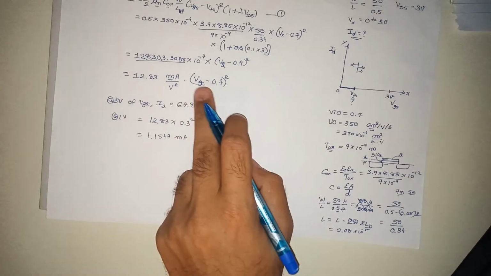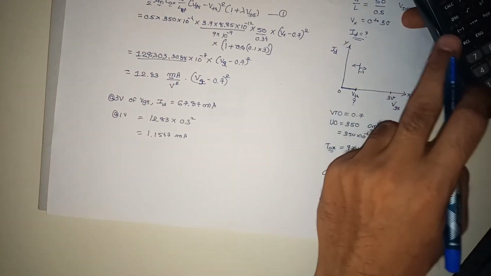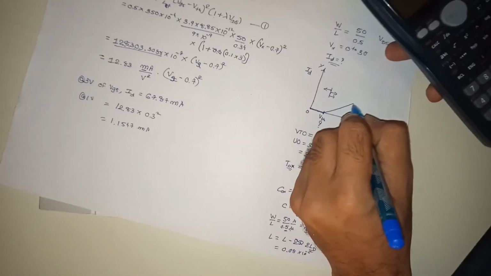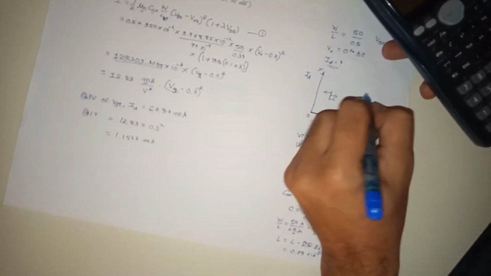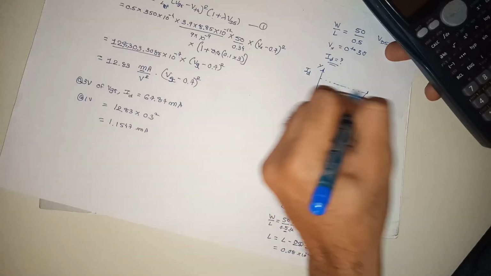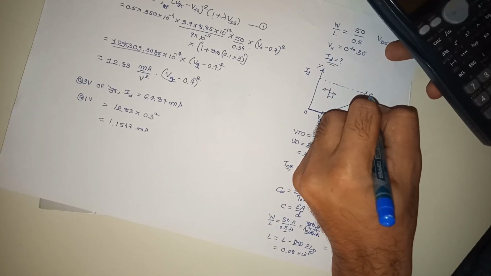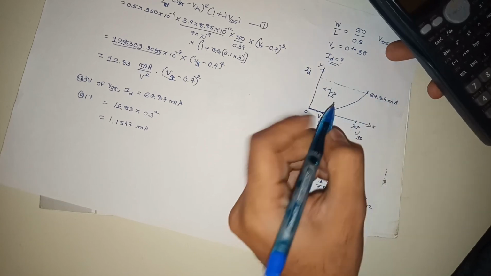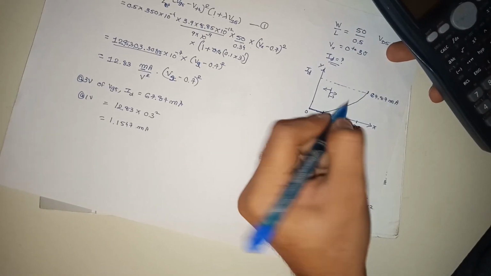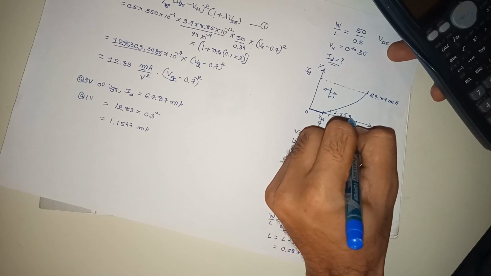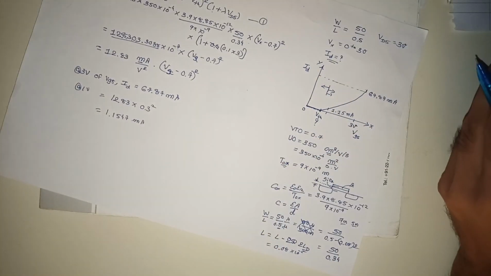So if you see the plot, you will find it looks something like this. At 3 volt the highest value is 67.87. At 1 volt it's around 1.15 milliampere.